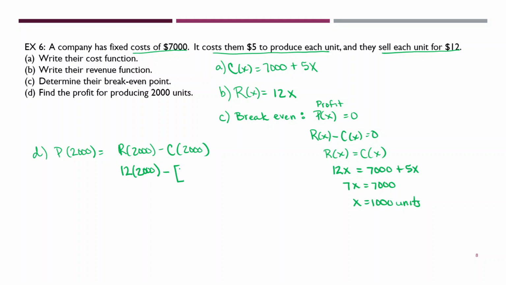The cost is going to be 7,000 plus 5 times 2,000. So I'm going to get 24,000 minus 7,000 minus 10,000, because I can distribute the negative through there. So 24,000 minus 17,000, so I'm going to have a profit of $7,000.